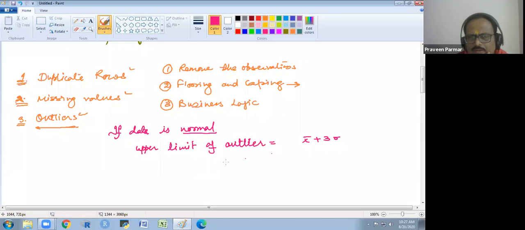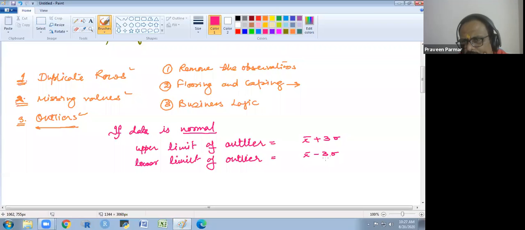And the lower limit is equal to x bar minus 3 sigma. Is it clear? Through this formula, we could decide the upper and lower limit.